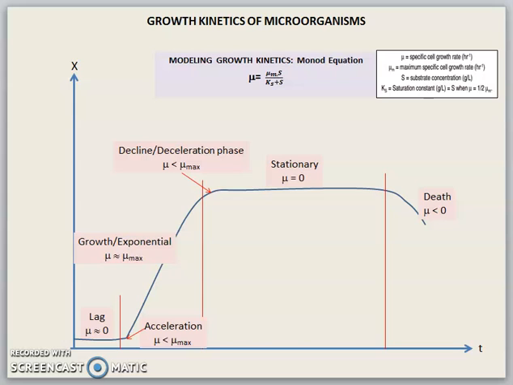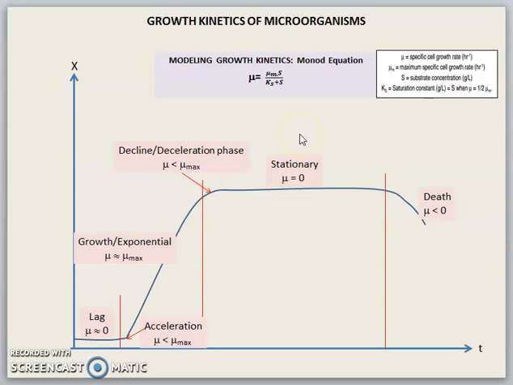The model for growth kinetics is represented by the Monod equation, which is mu equals mu m, where mu m is mu max, the maximal specific growth rate, times S, the substrate, over Ks, the saturation constant, plus S. This saturation constant is equivalent to the substrate concentration S when mu is half of mu max, or mu m.